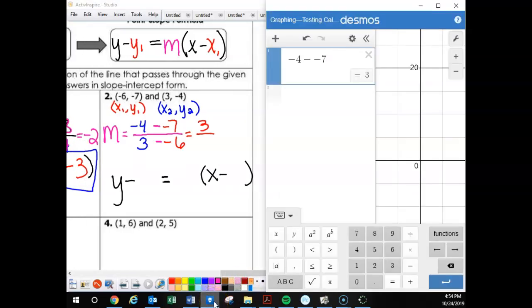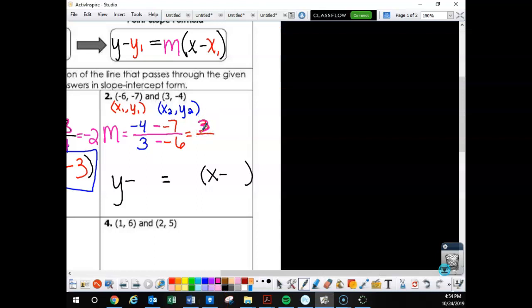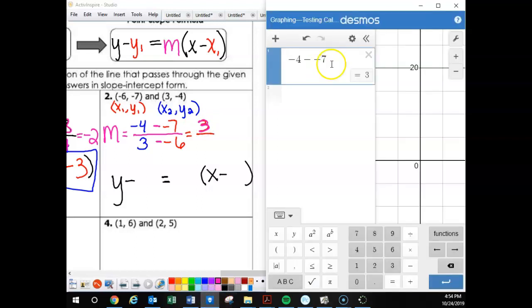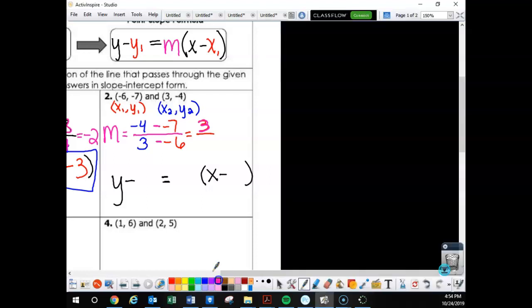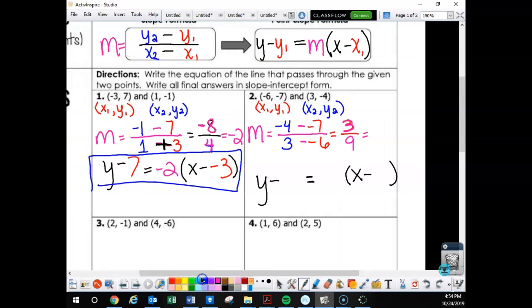And then 3 minus negative 6. And that is 9. So this is going to be 3 over 9. And what's 3 over 9? If I reduce that, I can reduce the top by 3 and then the bottom by 9. And that is 1/3.